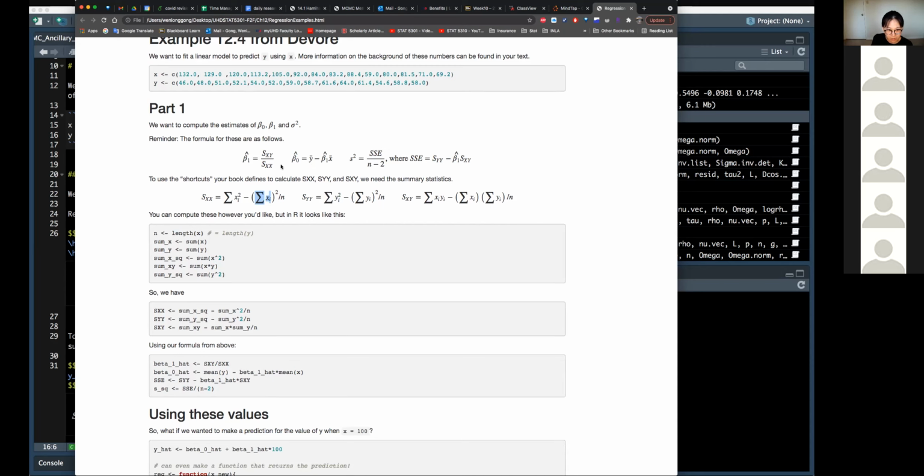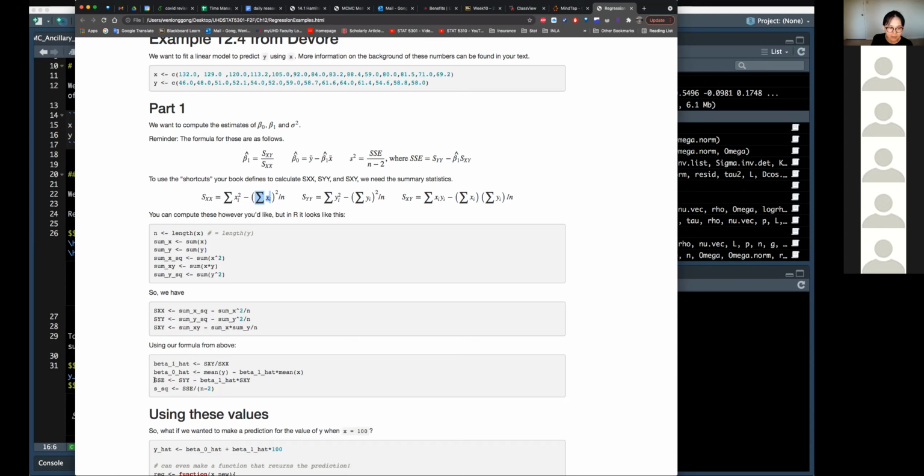We calculate this beta 1 hat and beta 0 hat, which is the mean of Y, the Y bar, minus beta 1 hat times the mean of X, which is the X bar.